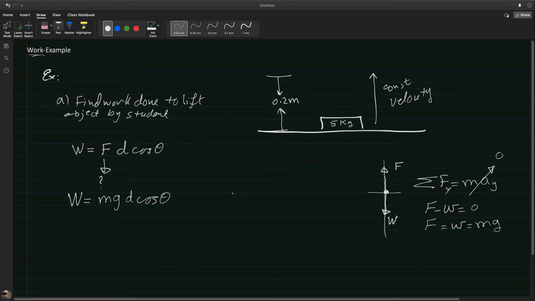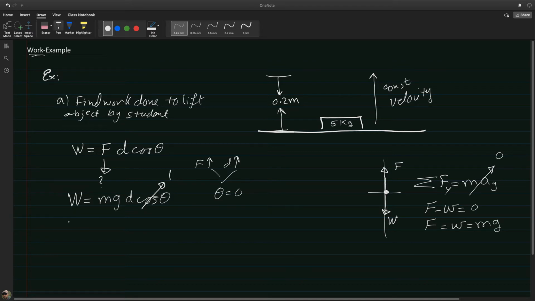So the direction of the force, for this example, is up, and also the distance is up. See, look, the directions are in the same direction. For that, the angle is equal to what? 0. So they're parallel. So the angle is equal to 0. Cosine 0 is what? 1.